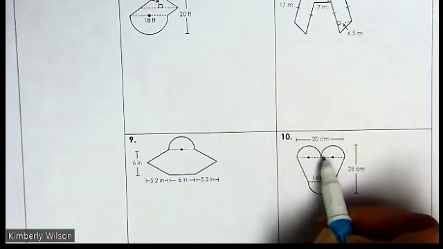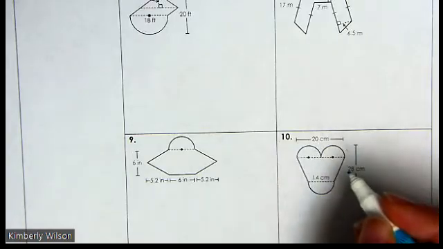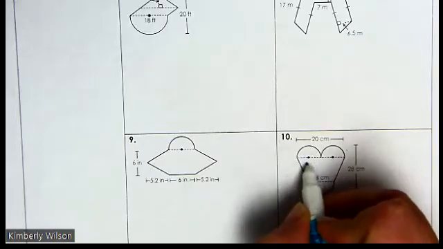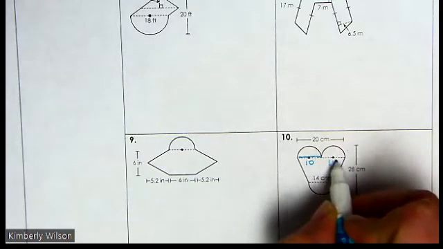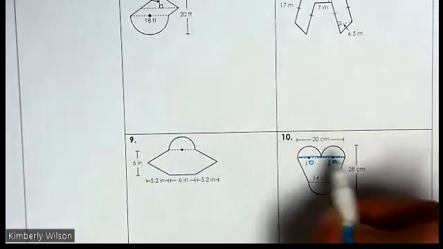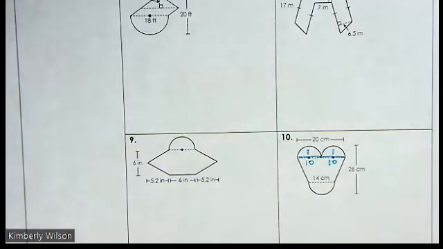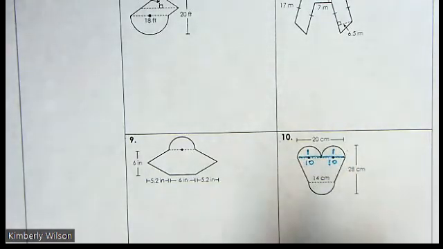This is halfway between, so therefore, this is 10 all the way across here, 10 all the way across here. Since these two are the same, then these together make one circle, okay?